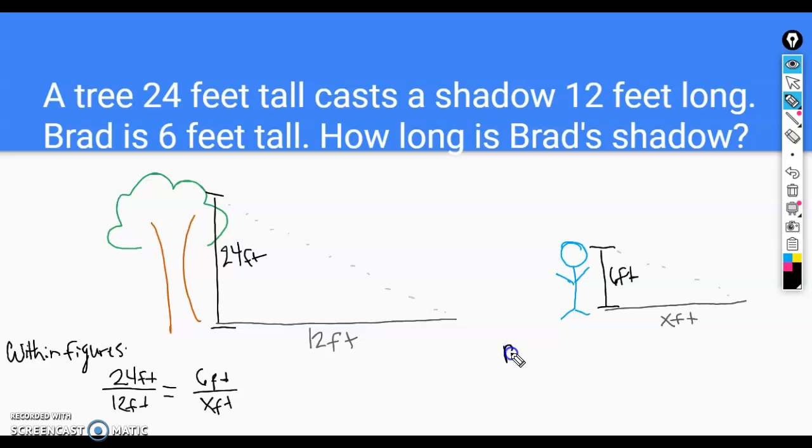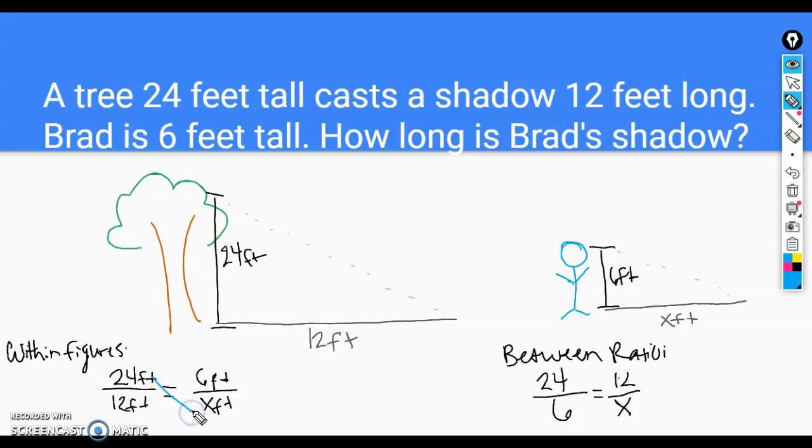If I did a between ratio, then I'm going to have 24, the height of the tree, over the height of Brad, and that's going to equal the length of the shadow, which is 12 feet of the tree, over X. Now, regardless of which one you choose, you're still going to cross multiply the same numbers.